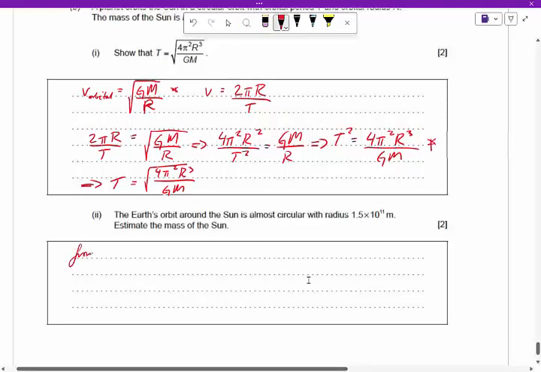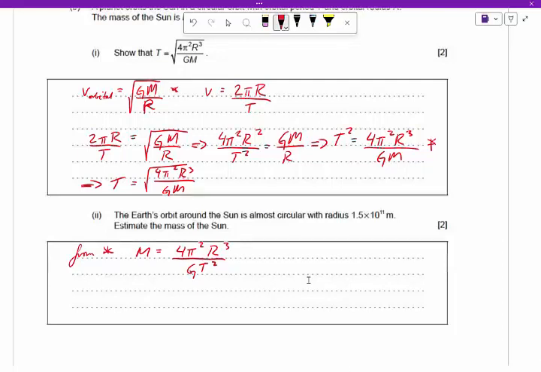So we can see that M is equal to 4 pi squared r cubed over G T squared, and then we note that a full orbit around the Sun takes a year.